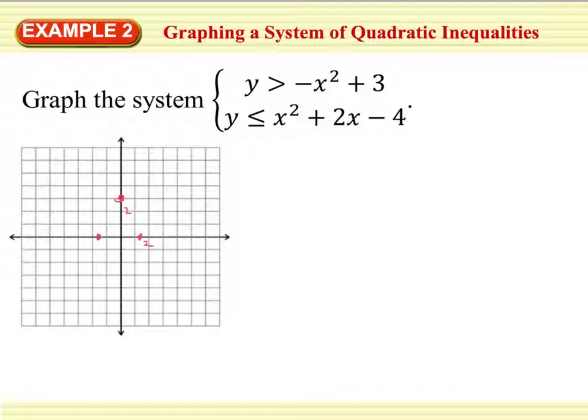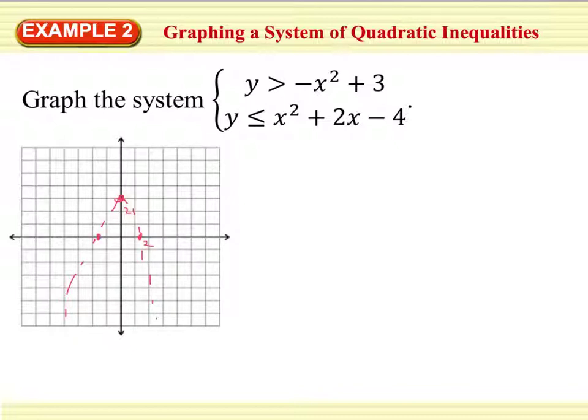Because this is a greater than inequality, this is going to be a dashed line. So something that looks kind of like that.